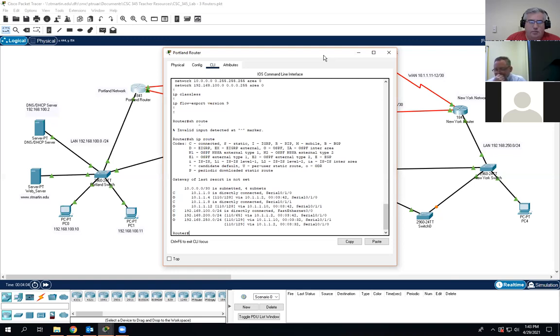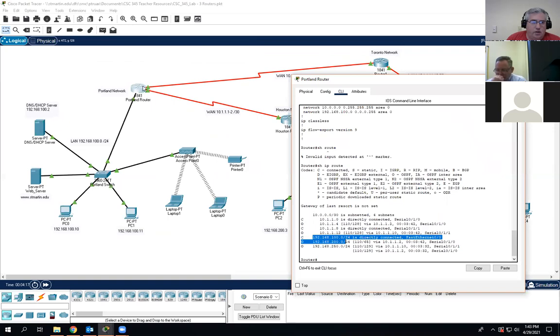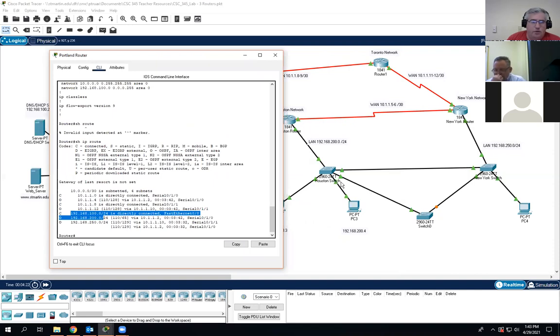So it knows about the different networks like 192.168, 100, 200, and 250. So it knows all about that, even though it's only physically connected on 3 ports. So it has communicated with the other routers to share routes for all the different IP addresses.